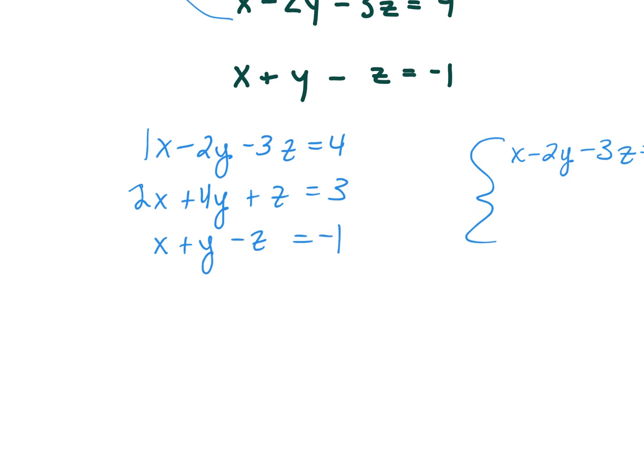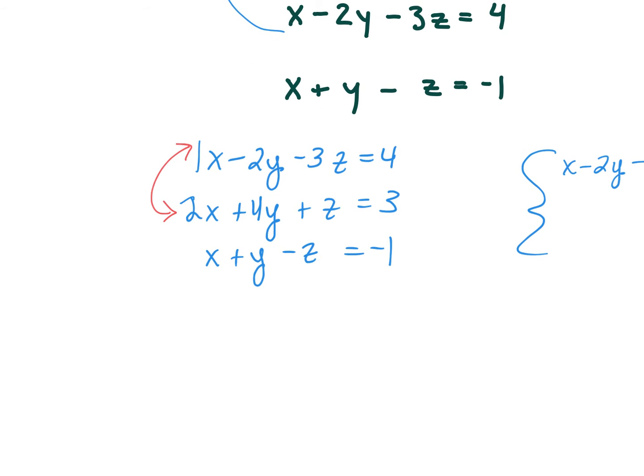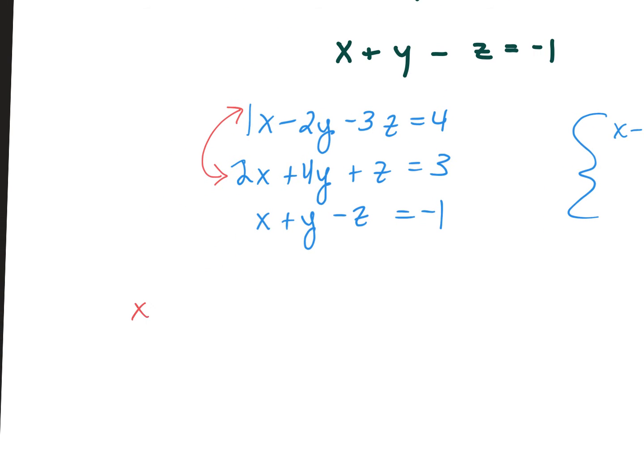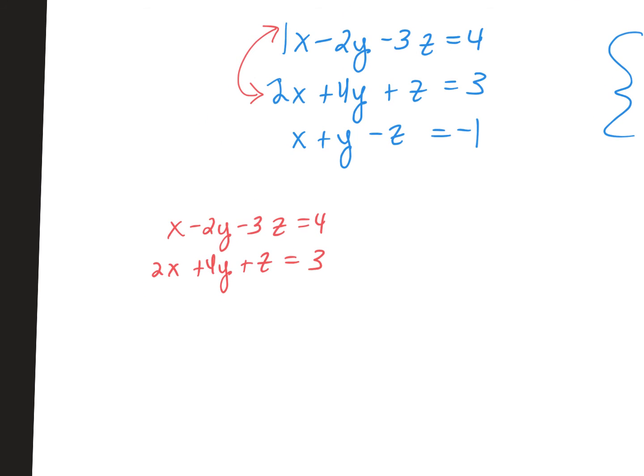How many variables? 2. So we're going to take the first and second equation and cancel out x's. So I have x minus 2y minus 3z equals 4, and then 2x plus 4y plus z equals 3. What am I going to multiply my top equation by so that my x's will cancel out? Negative 2.